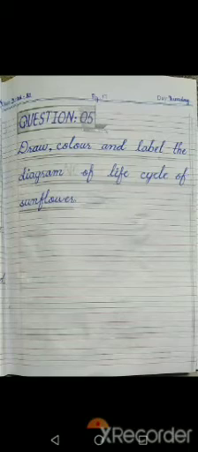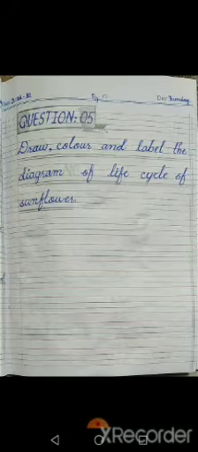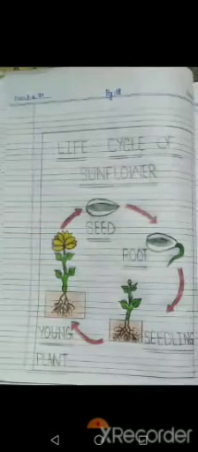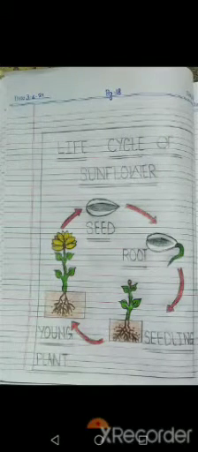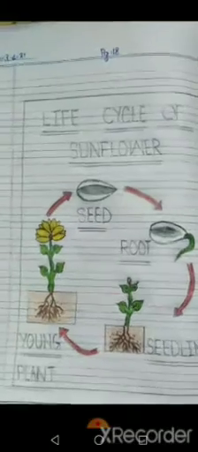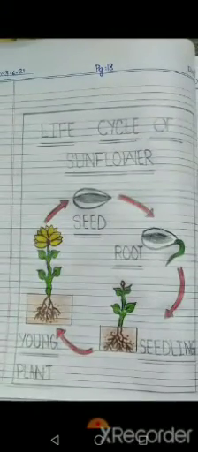Now question number 5 is: draw, color, and label the diagram of the life cycle of a sunflower. Remember, students, first you have to ready your page margin line. Then start further work. This question is about a diagram, so you should always draw the diagram on a new page. So this is your new page, and on this page you have to make the frame first, like I have made the frame of this diagram first.